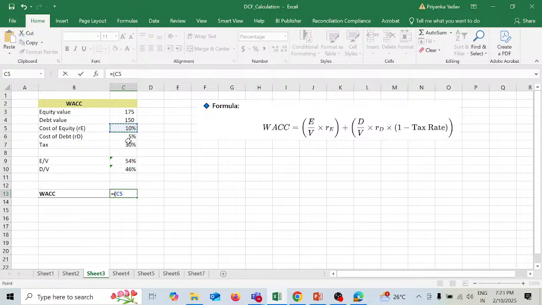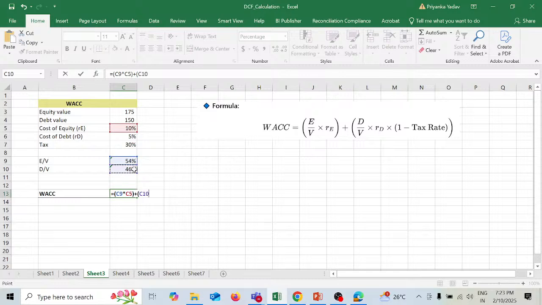So basically E by V will be multiplied with cost of equity, close the brackets, plus then the second aspect is D by V multiplied with cost of debt.